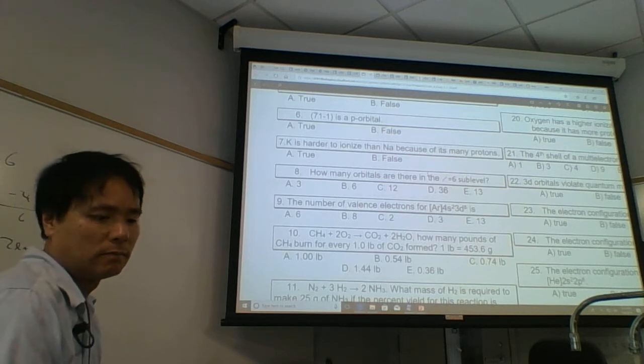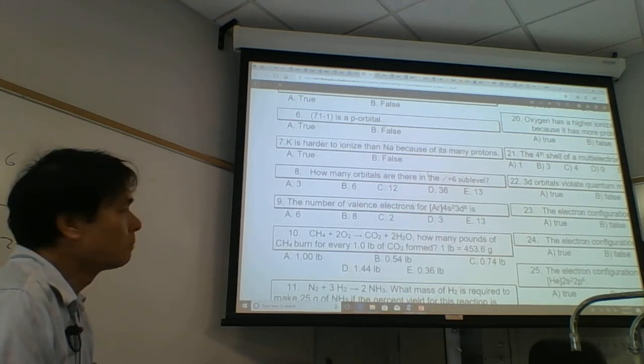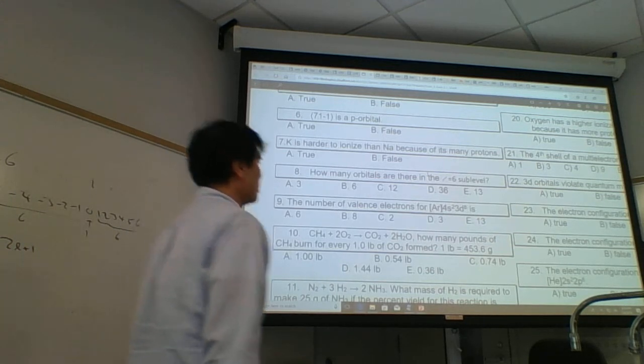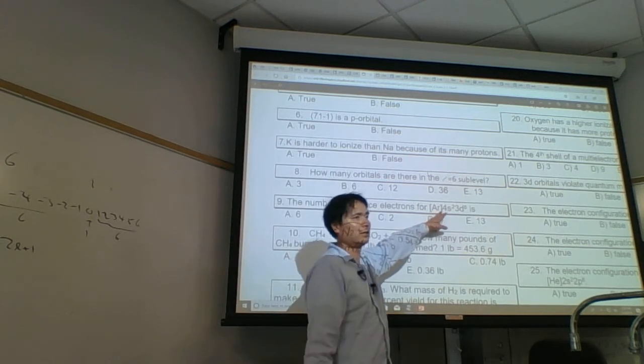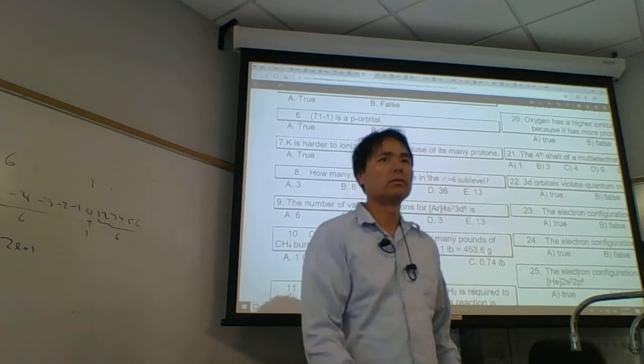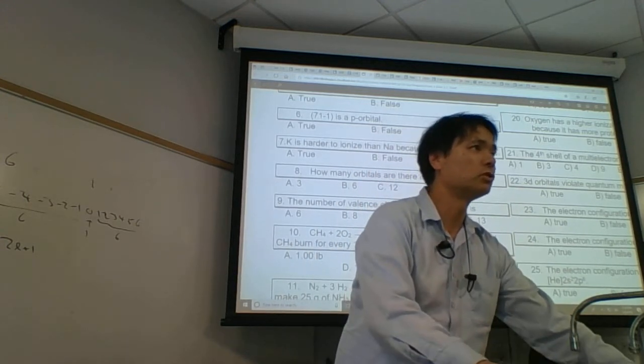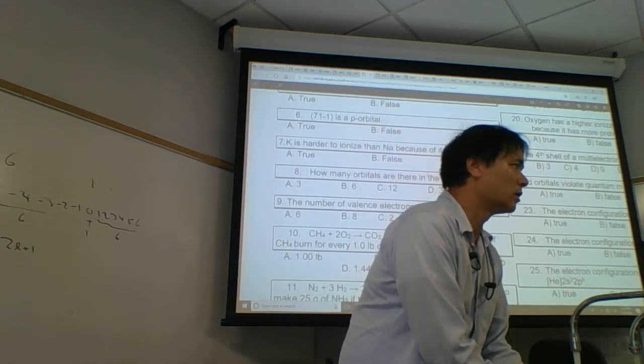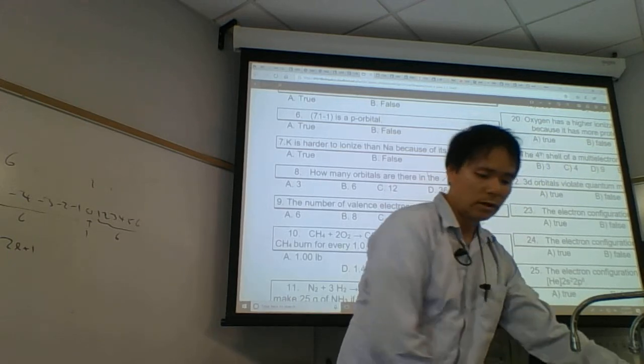Well, valence electrons are the highest N. And so this is actually going to be 2 valence electrons.